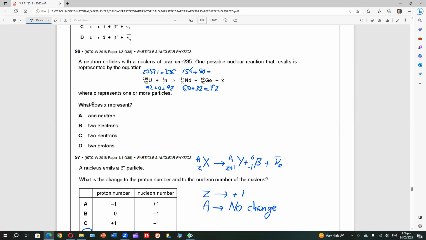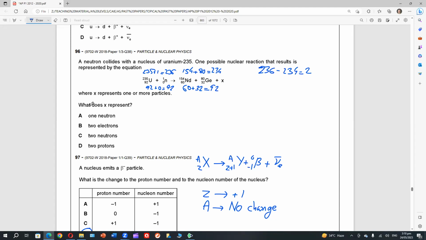How much is 154 plus 80? 234. So the proton number is already equal, and the nucleon number difference is 2.